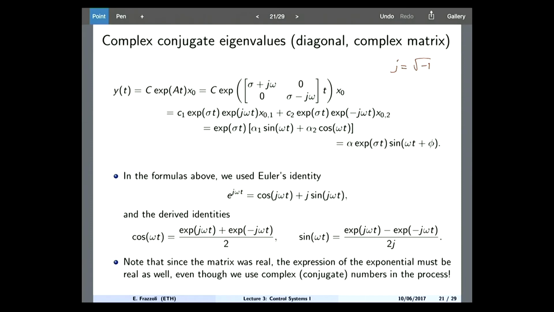If you take e to the power j omega t, so you take the exponential of a purely imaginary number, this is equal to cosine of omega t plus j times the sine of omega t.